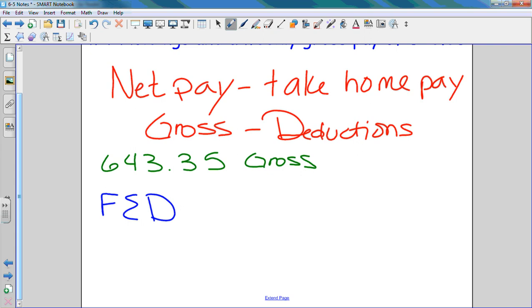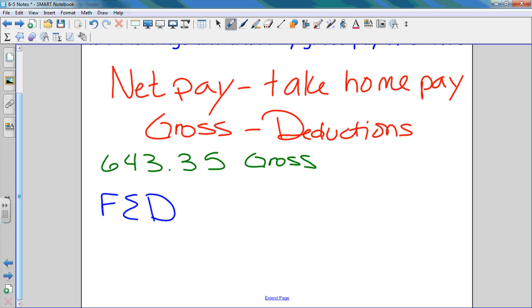You go to the table on page 222 and 223. On page 222, at the bottom, because married weekly is at the bottom of page 222, you go down to $643.35, and he has 3 withholdings, and you get $29.